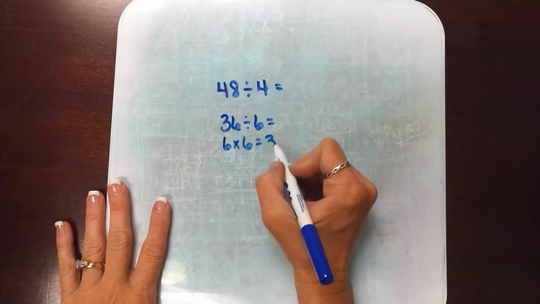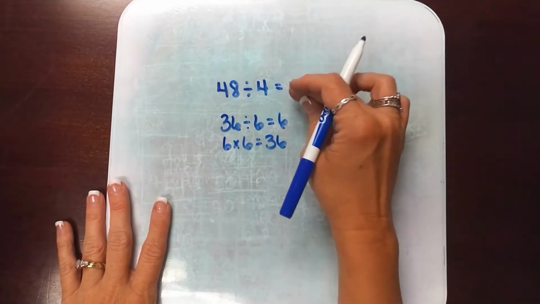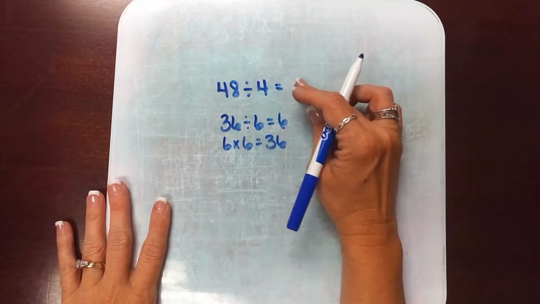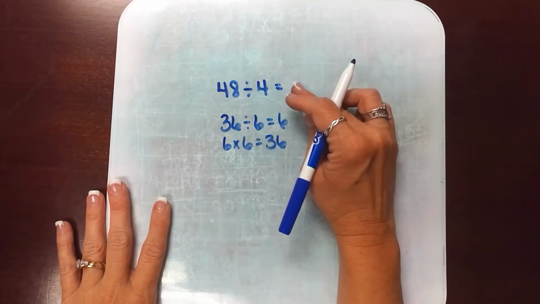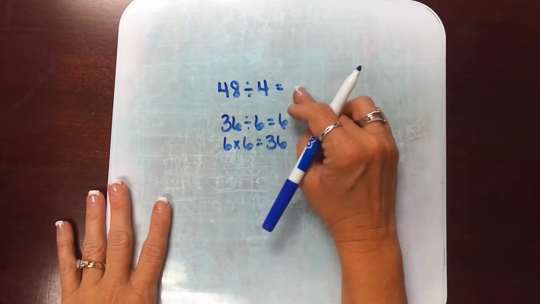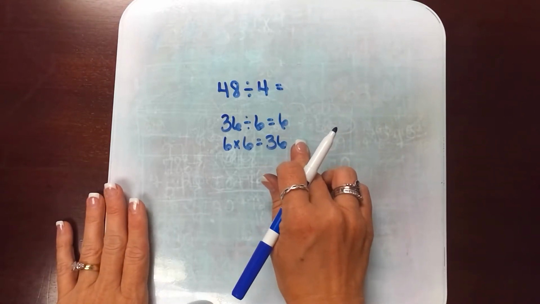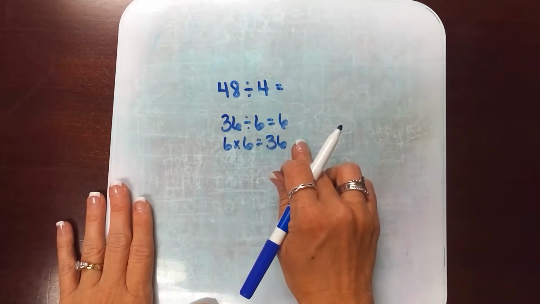So the answer is 6, okay? But it does not have to be a basic fact. So make sure you're giving them problems that are outside of the basic facts that they can use pictorial models to help them solve. And then, of course, make sure they get that basic fact practice as well.